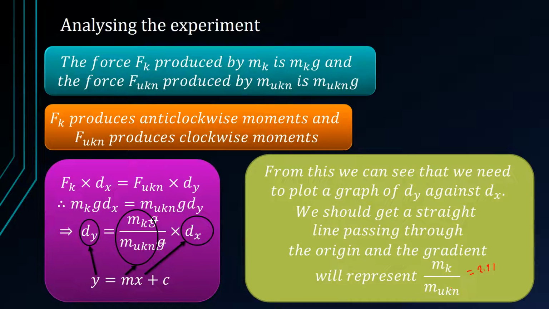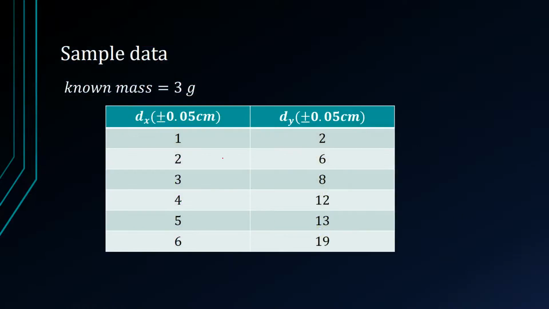Therefore, to find my unknown mass, I simply make it the subject of the formula, which would mean that my mk, known mass, divided by my 2.91 is what will give me my value of my unknown mass. Now, look here, my known mass is 3 grams.